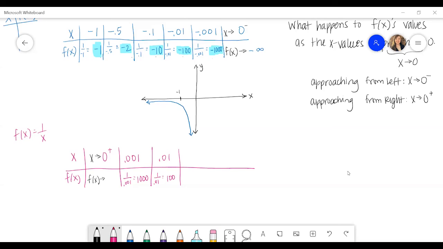You can verify it with the previous group we did. How about 0.1? Well, it's 1 over 0.1, and that's 10. 0.5, again, I'm just kind of doing the reverse in the other direction, right? 1 over 0.5 would be 2, and maybe 1, positive 1's time, right? 1 over 1 is 1.